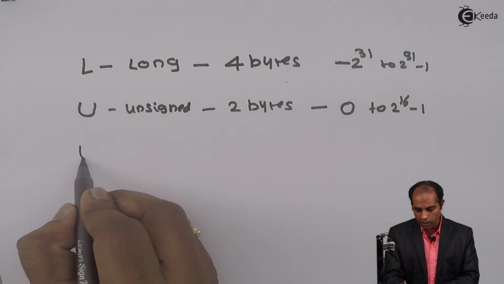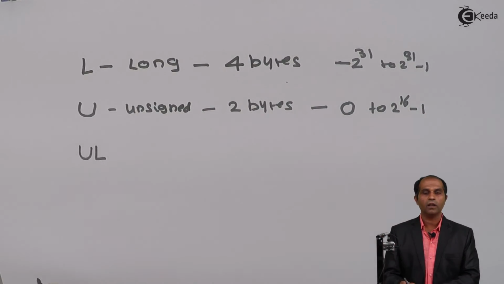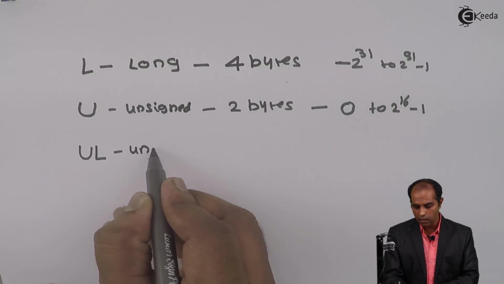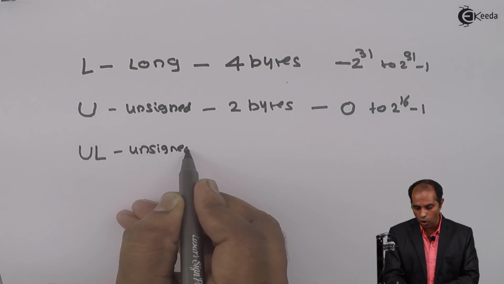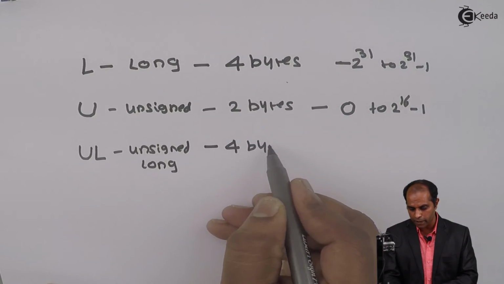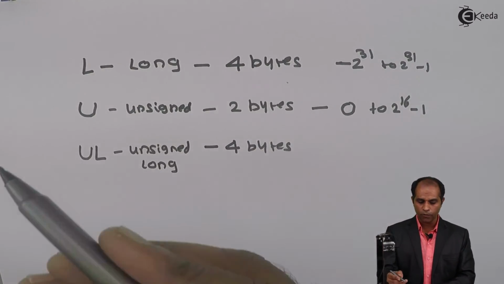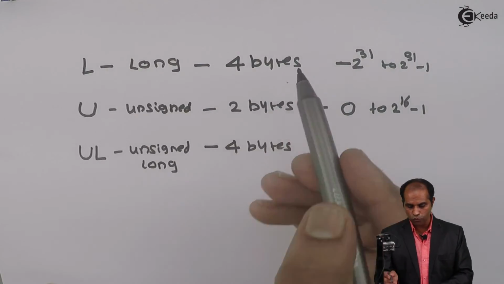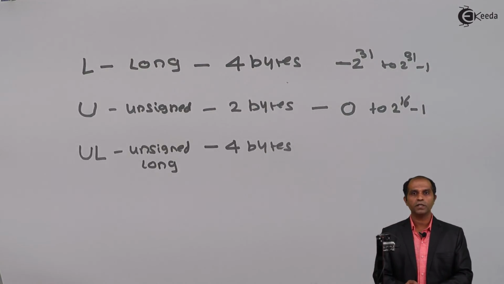The third and the last data modifier is UL, which stands for unsigned long. Even the range or the memory of this is also 4 bytes. How different it will be from L and UL? L is also 4 bytes, UL is also 4 bytes.